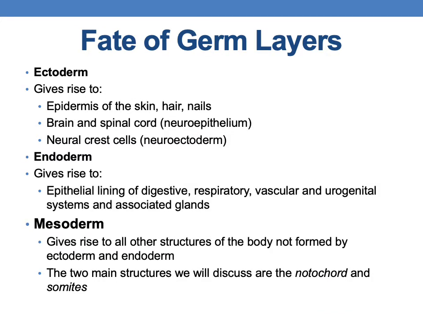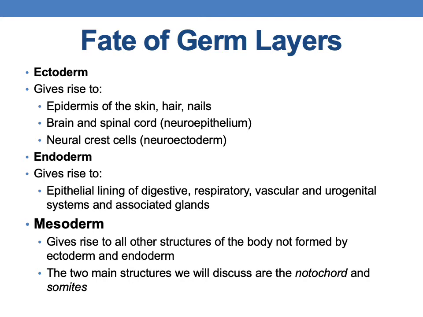The fate of germ layers. Ectoderm gives rise to the epidermis of skin, hair, and nails, the brain and spinal cord, and neural crest cells. In this course, we will focus on the development of the brain and spinal cord and neural crest cells that arise from ectoderm.